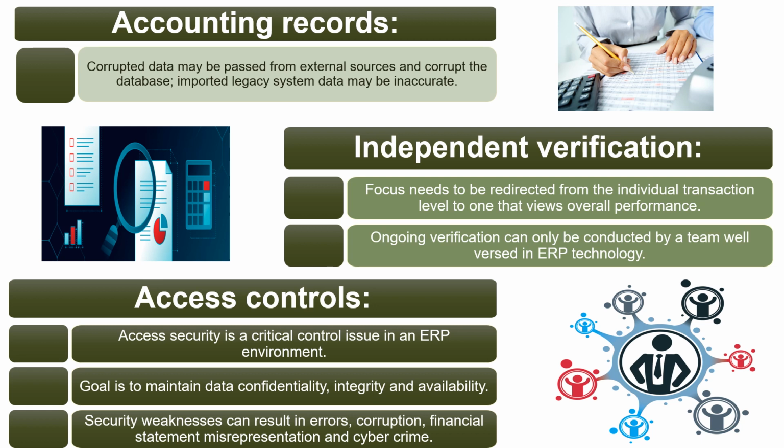The goals of ERP are to maintain data confidentiality, integrity and availability. So we need to ensure those three objectives. Security weaknesses can result in errors, corruption, financial statement misrepresentation, and cyber crime.